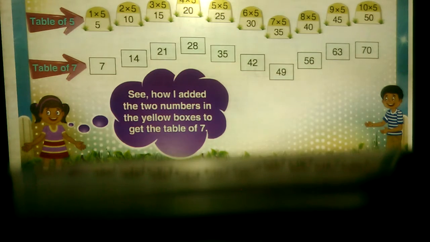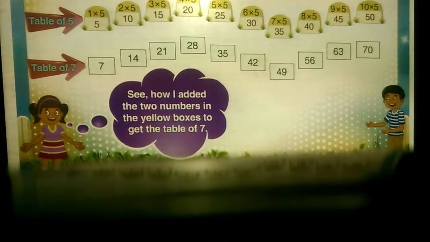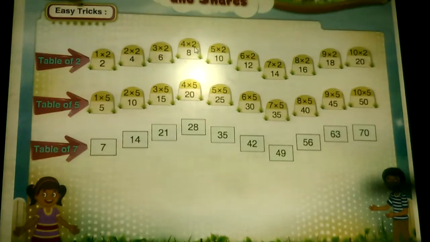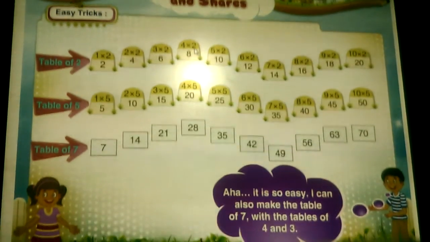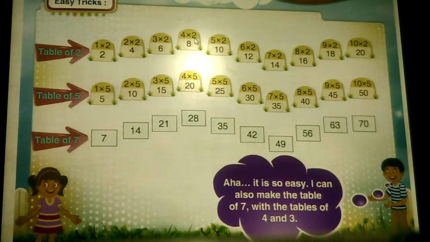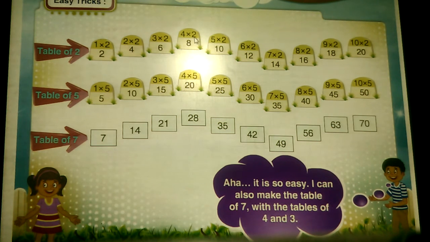Guddu says, see how I added the 2 numbers in the yellow boxes to get the table of 7. Bunty says, aha, it is so easy. I can also make the table of 7 with the tables of 4 and 3. Help Bunty to make the table of 7 using the tables of 4 and 3.